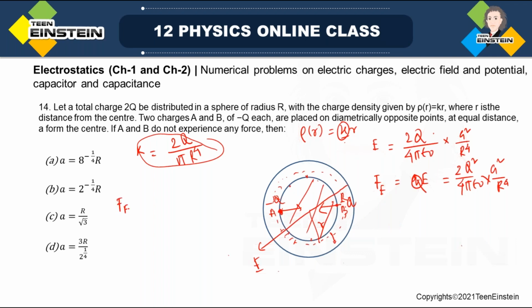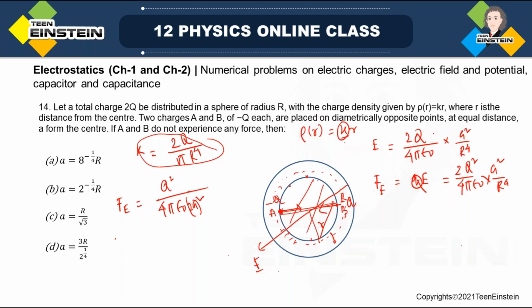So this Fe, the suffix e is due to the electric field, must be equal to the repulsive force, that is q square by 4 pi epsilon naught, sorry, not a square, the distance is 2a, so 2a whole square.